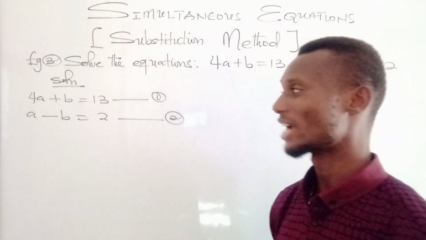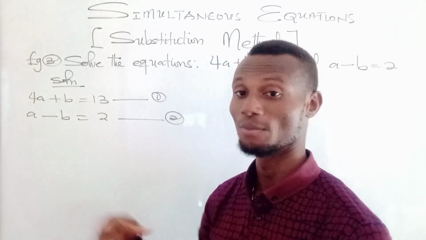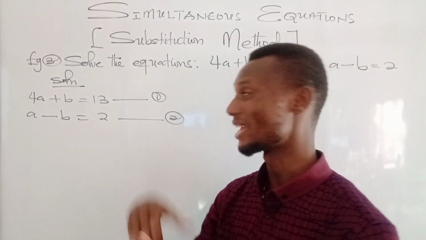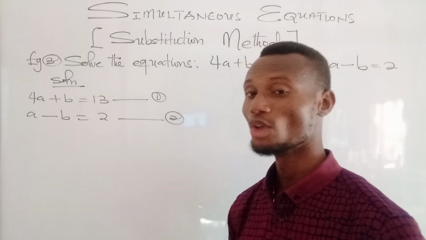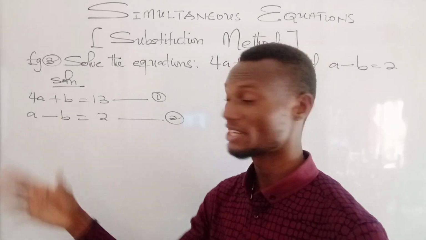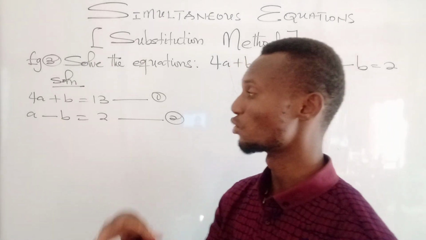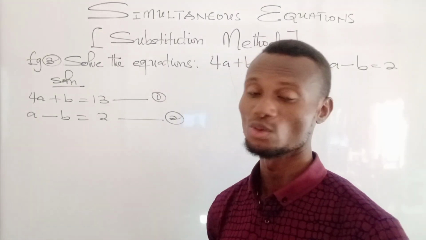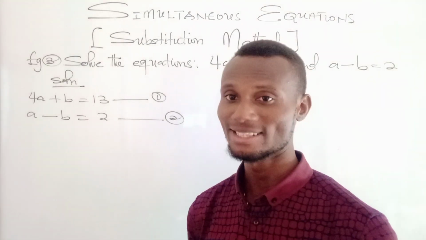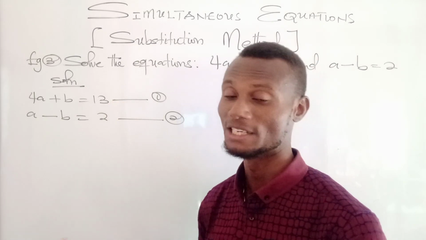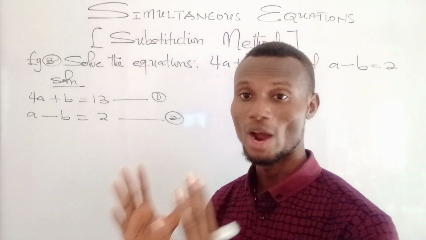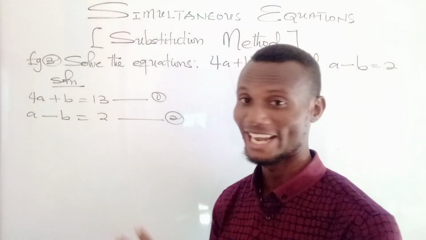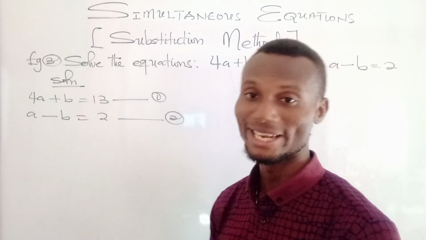You can choose to make a the subject from equation 1, or make b the subject from equation 1, or make a the subject from equation 2, or make b the subject from equation 2. Either way you get the same answer. Any of the variables that you want, you make it the subject.